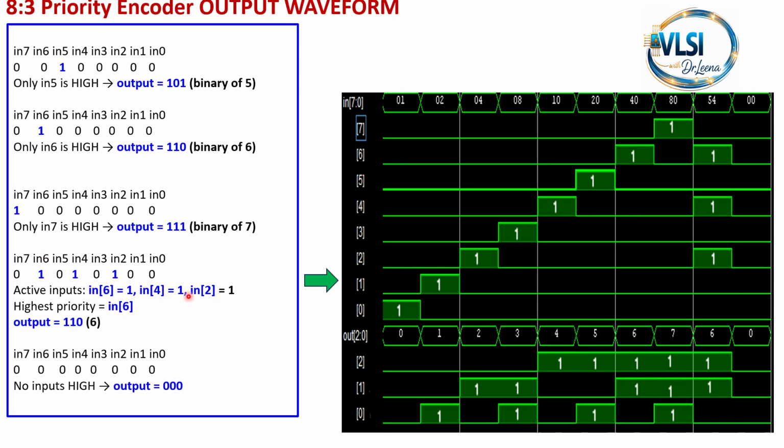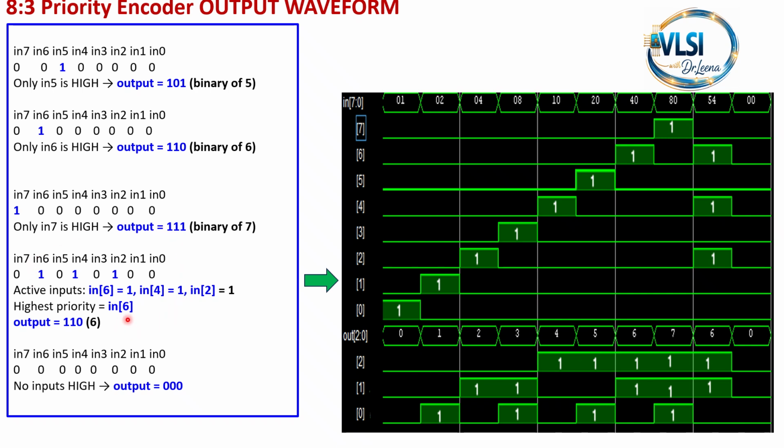And in the next case, in the previous cases we have seen only one of the inputs high, but here you see three inputs are high. In a priority encoder, many inputs can be high. Here IN2 is high, IN4 is high and IN6 is high. So it will choose the highest priority one.